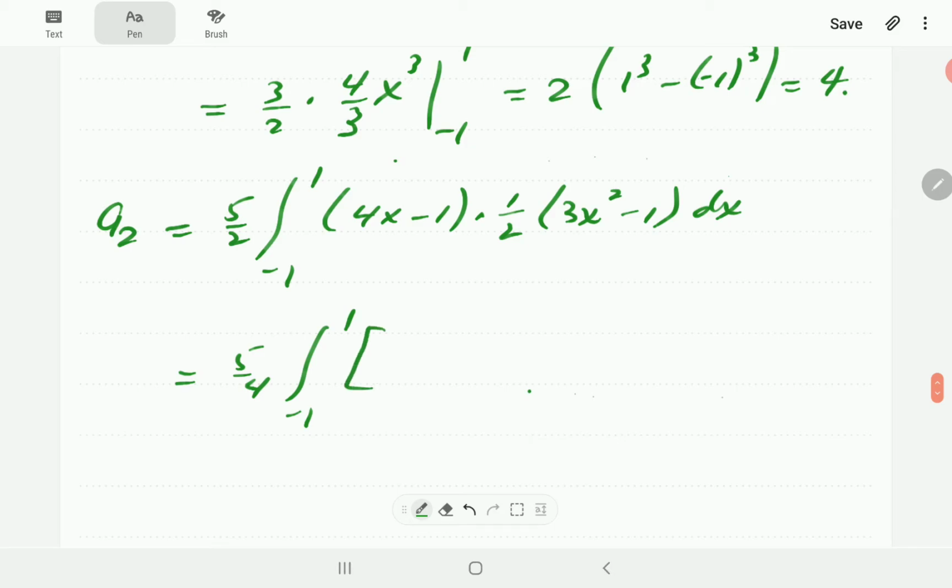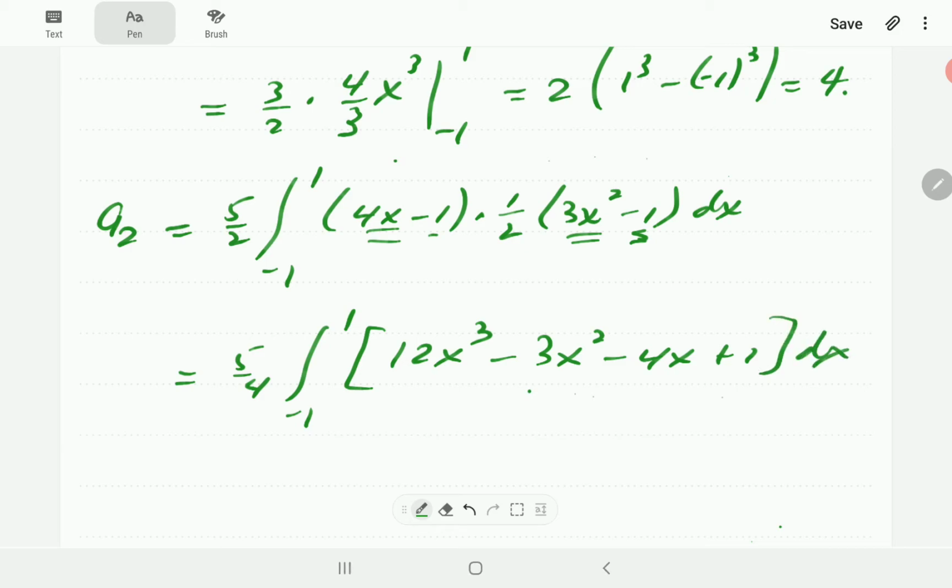Multiply out here, this times this is going to give us 12x cubed. And then 3x squared times negative 1 is minus 3x squared. And then minus 4x if we multiply these two, and then plus 1 dx.